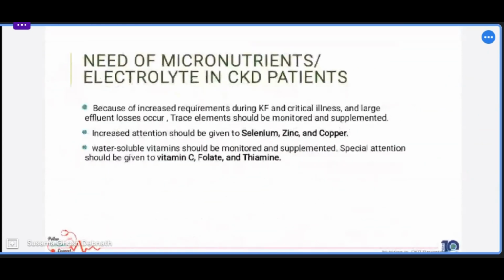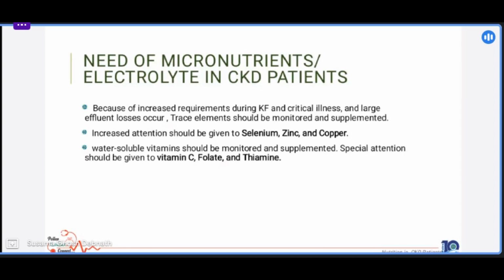Micronutrient requirement. Because of increased requirement during critical illness and large effluent losses, trace elements should be monitored and supplemented. It's not like that, low potassium, low sodium. It should be monitored.